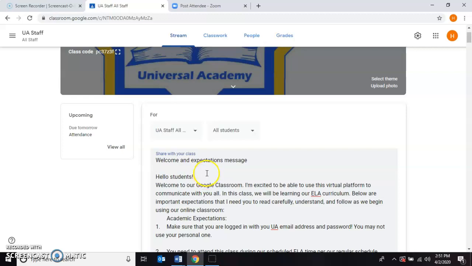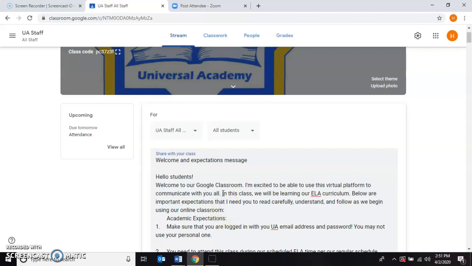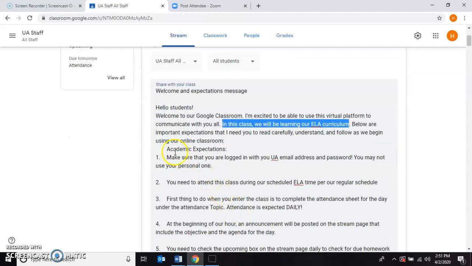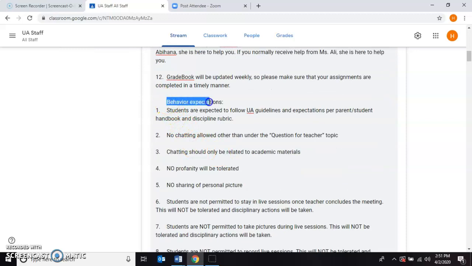This message should include class greeting, description of the class, as well as classroom expectations. You will have to include academic expectations as well as behavior expectations.